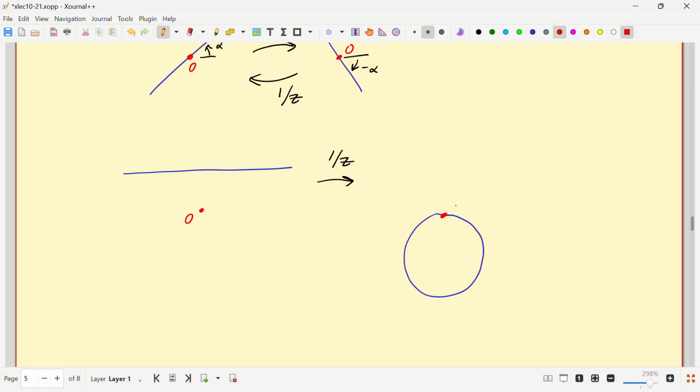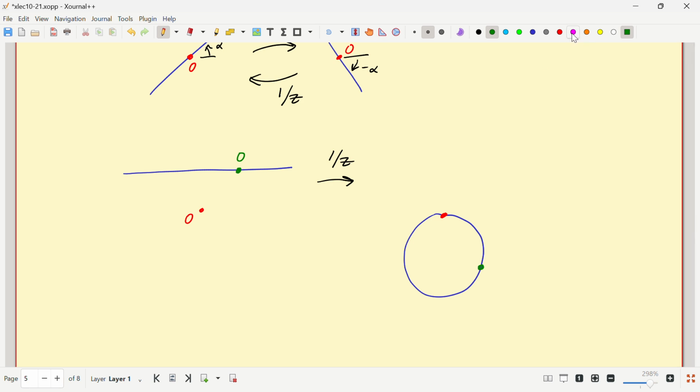Let's see, if there's a spot right here, make it green. 1 over z would send that to something at the same angle, except below, like that.